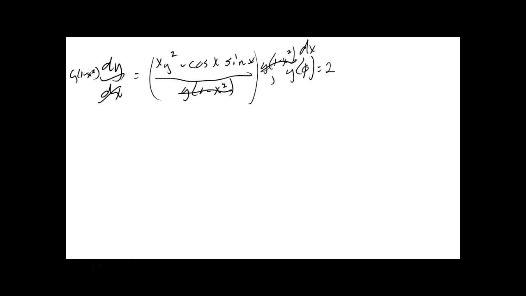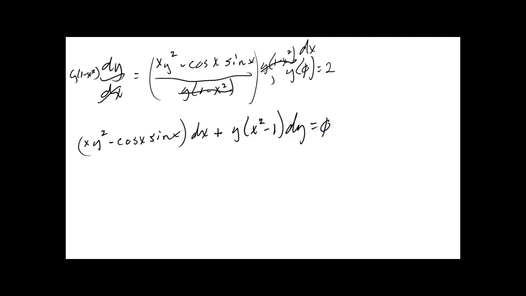And I don't think it really matters which way we do this, so I'll say xy squared minus cosine x sine x dx minus, actually I'm going to make it a plus here. I'm going to switch the sides around some. Y times x squared minus 1 dy is equal to 0.